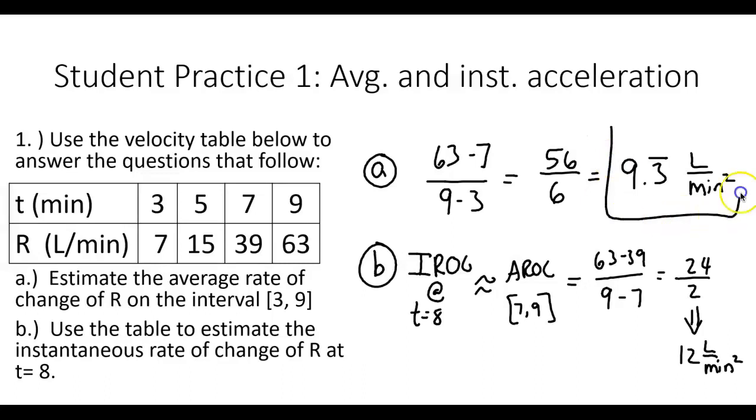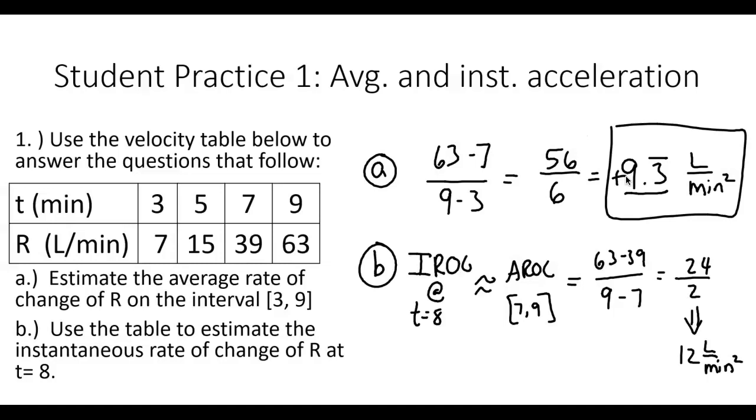So what this means, you guys, is that your velocity is increasing at 9.3 liters per minute every minute. Okay? Why is it increasing? Well, it's a positive. My acceleration is positive. So that means that this velocity, or the rate of change of the liters, is increasing at a rate of 9.3 liters per minute every minute.